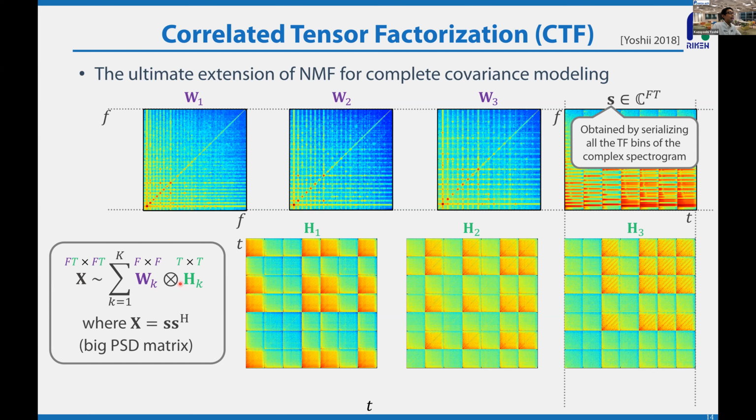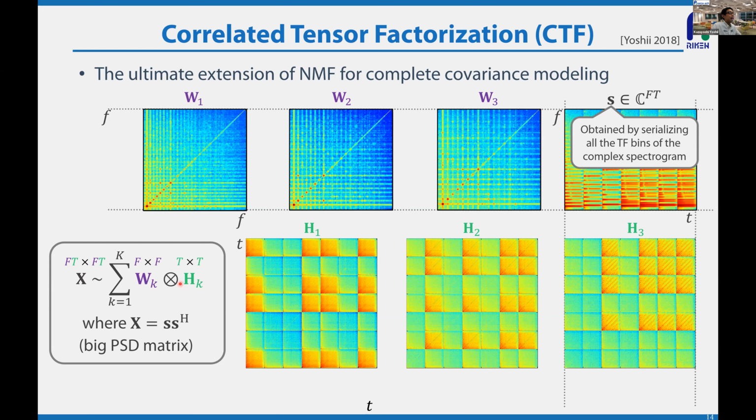What does this mean? This is a linear transform, the product of some matrix and a vector. This is the matrix representation, and these two representations are equivalent. S is a standard complex spectrogram, an F by T matrix. And P is an F by F matrix.